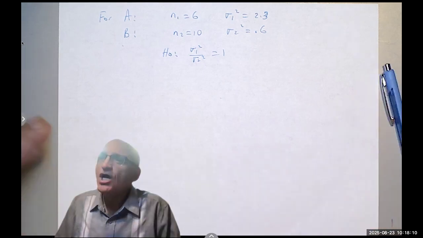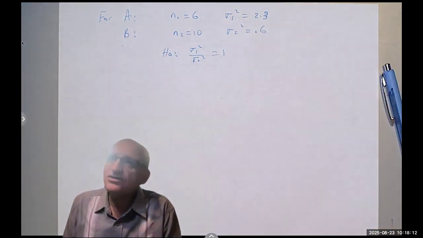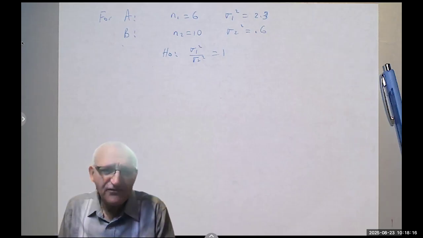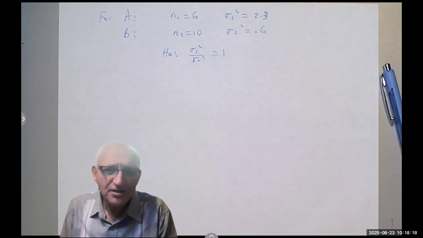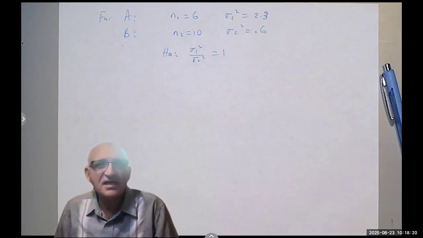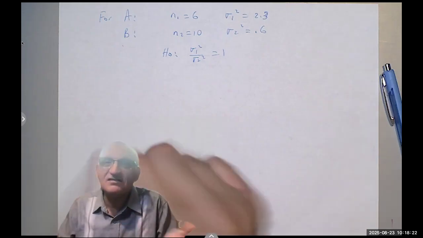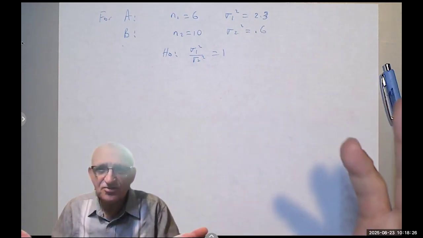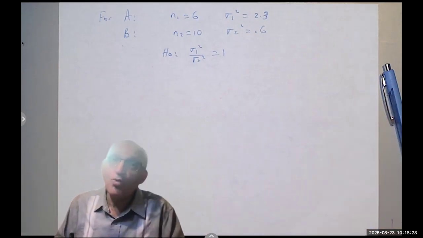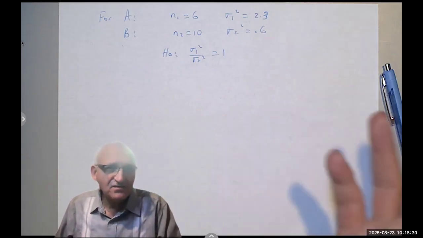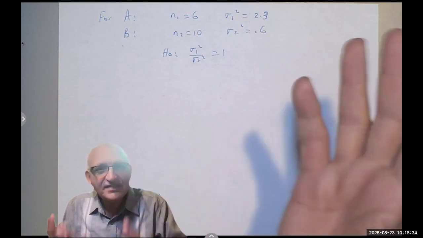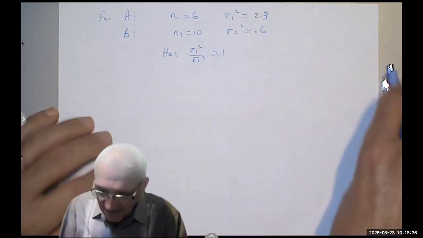I will never ask you to test whether the variance of population 1 is 5 units square more than the other; that doesn't make any sense. I want to see whether I can consider them equal or not. I will never say it's greater than a specific value, or twice the variance of the second. Why do I care?